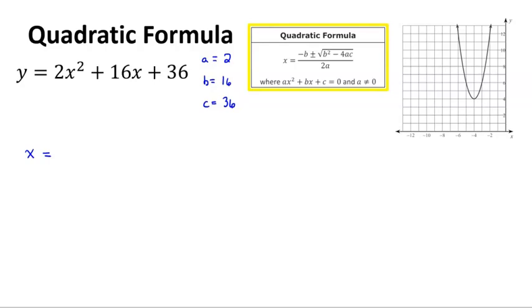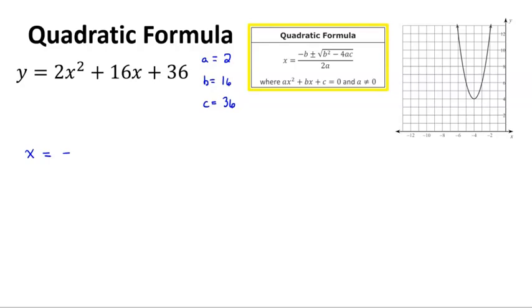So the quadratic formula, you definitely need to know how to put it in your calculator and make sure that you're using your reference sheet, but this is the go-to unless the question specifically asks for you to factor or complete the square or graph. Quadratic formula is the best way to go.